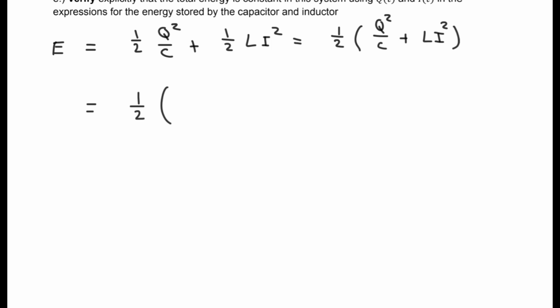So first, the capacitor has a charge given by Q0 cosine of t over square root LC.